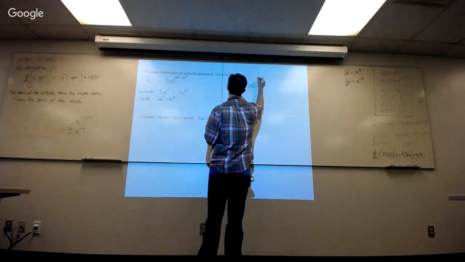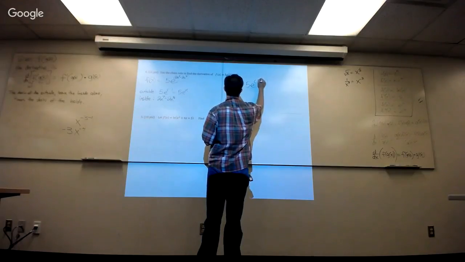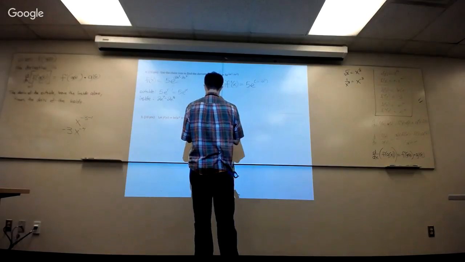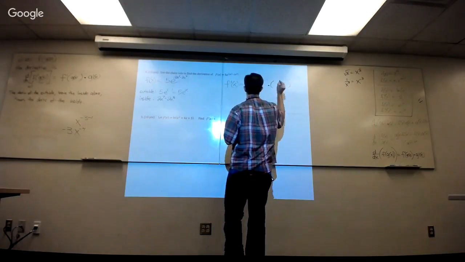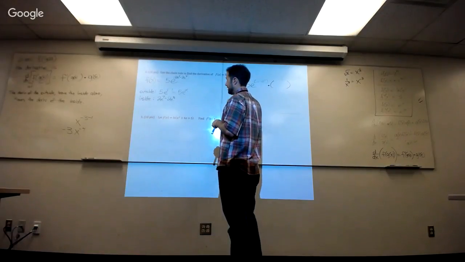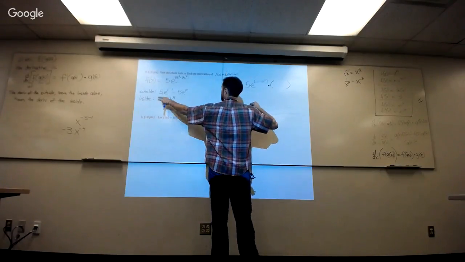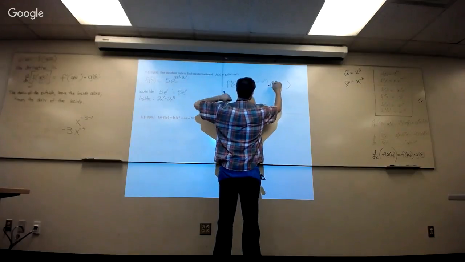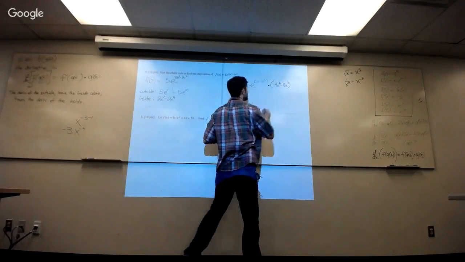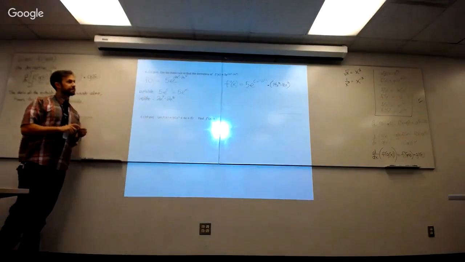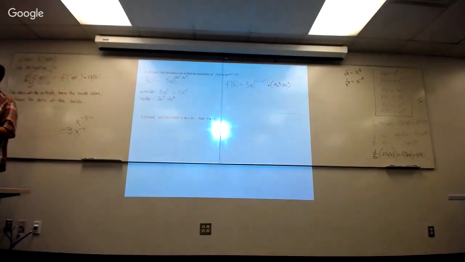So you just leave the 2x to the 7th in there, and then multiply by the derivative of the inside function. And in this case, the derivative of the inside function is 14x to the 6th minus 16x to the 7th. Yeah, that's it. That's the chain rule.